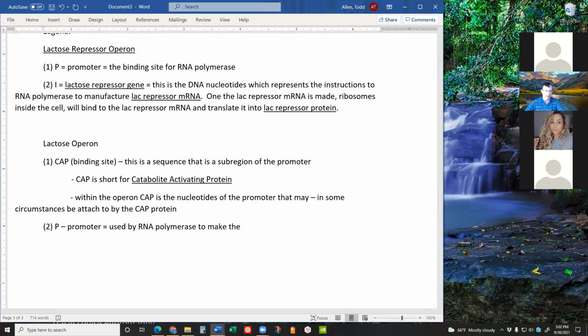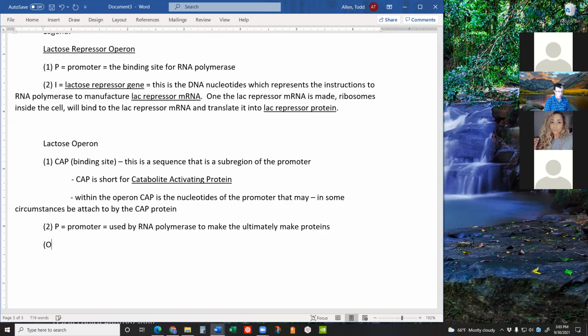What I'm saying is RNA polymerase makes the messenger RNA, and then the ribosomes decode the messenger RNA through translation to make the protein, right? So these genes are used to code for multiple sequences of molecules, with the final molecule being the protein. So P, the promoter, is used by RNA polymerase to ultimately make proteins.